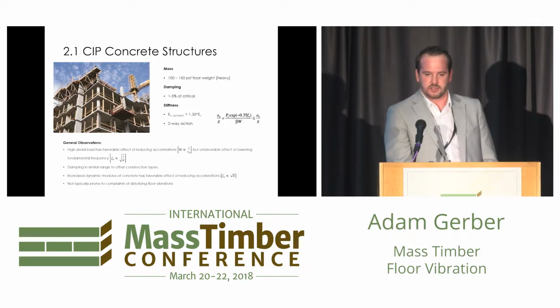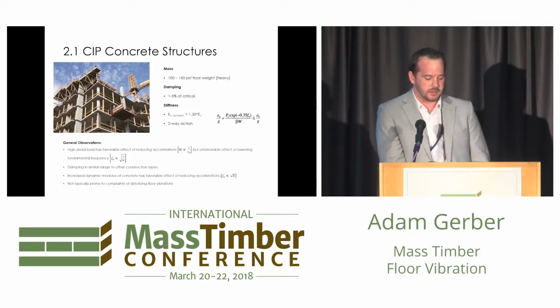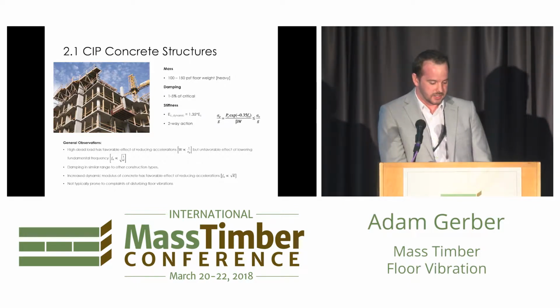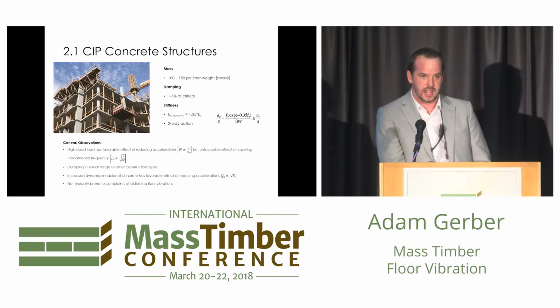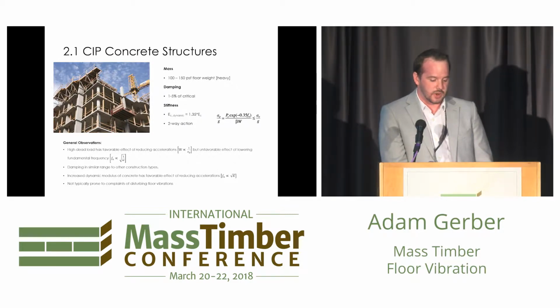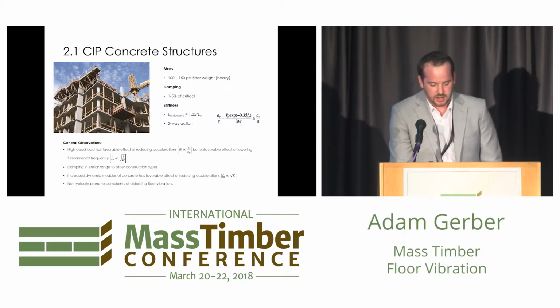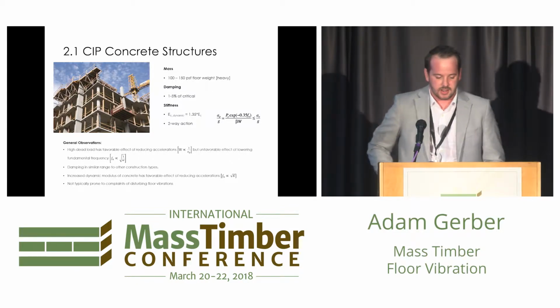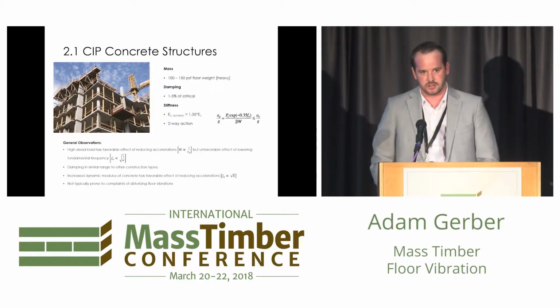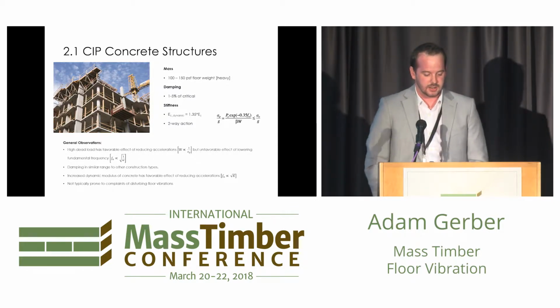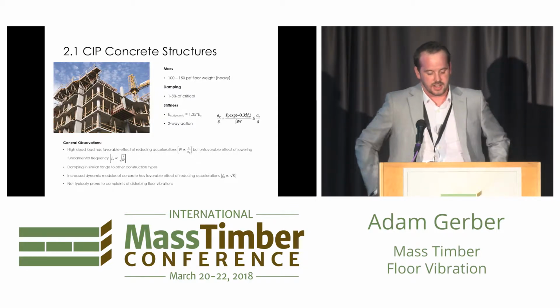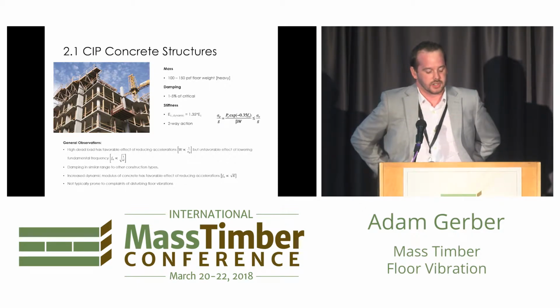Summarizing a few more familiar structural types for people who are active in this industry. So cast-in-place concrete structures, sort of 100 to 150 pounds a square foot. It's a pretty heavy structural system. 1 to 5% critical damping is pretty typical. Concrete has a pretty unique characteristic where under very small stresses, you actually have higher stiffness than you calculate for typical loading.